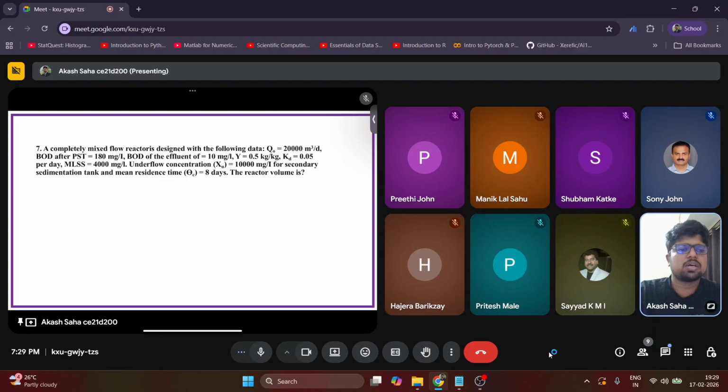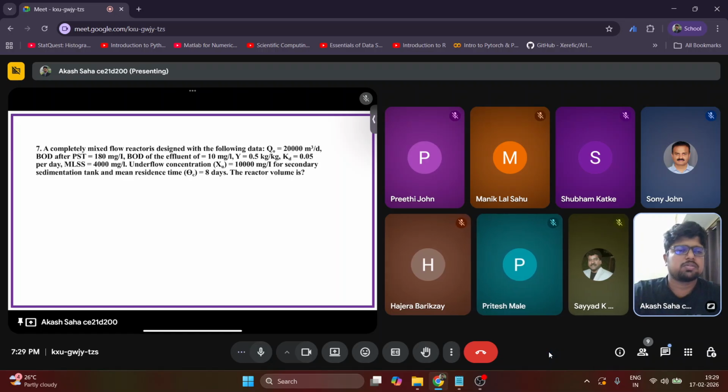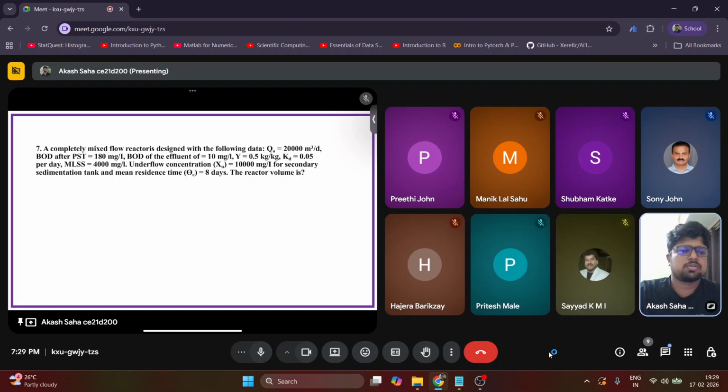Or if you want, shall I give a quick overview of the ASP and all the terms with the mass balances? If you want, I can do it right now. And maybe I can write down the major equations also, so that there will be a revision. Okay.